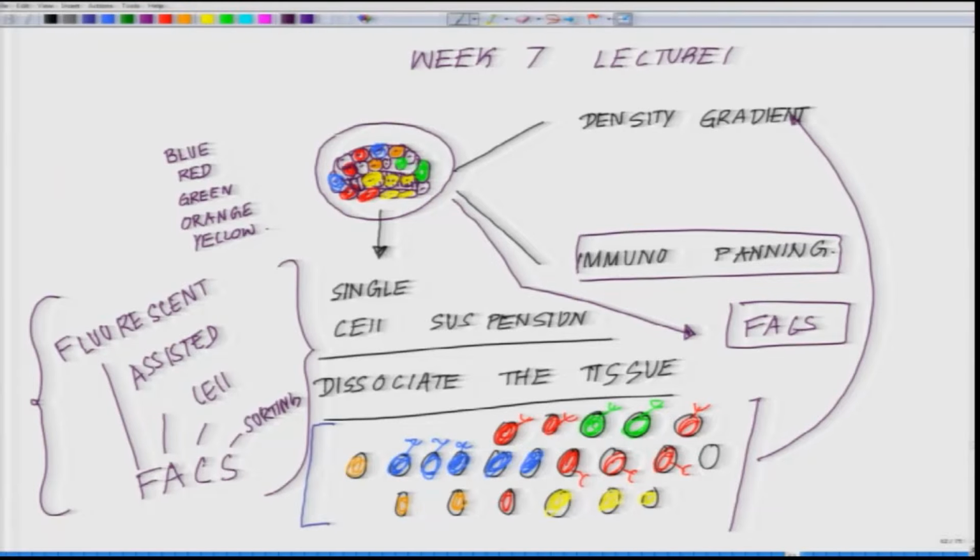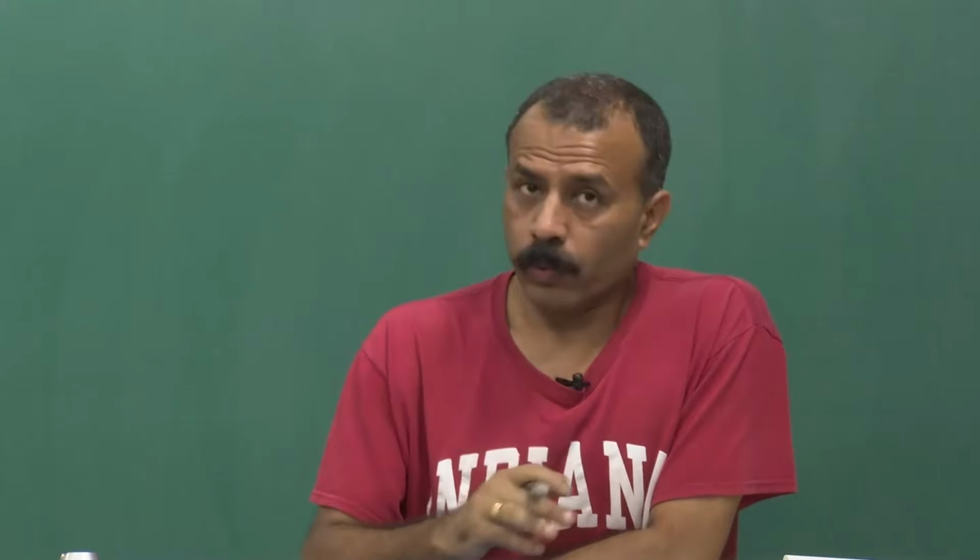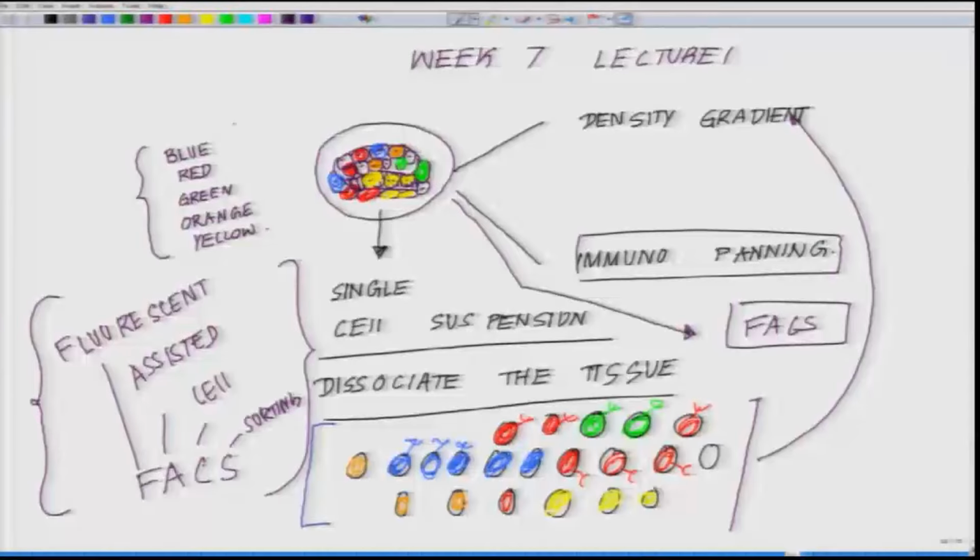Suppose you have these 5 different kinds of cells, and you know there are unique antibodies which could be bound on their surface. I label the different antibodies: antibody B, antibody R, antibody G, O prime, Y prime. This prime sign says that this is an antibody.